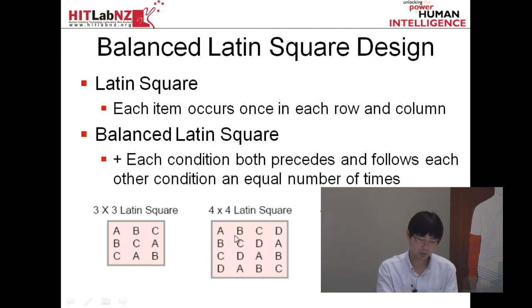So for instance here, if you compare A and B, A comes before B 2 times, in the first row and the fourth row, and it comes after B in 2 rows. So it balances out between the 2 conditions as well, not only where it comes in the whole sequence.